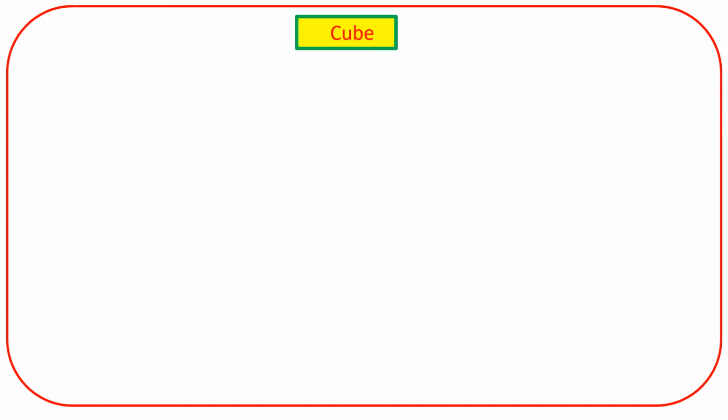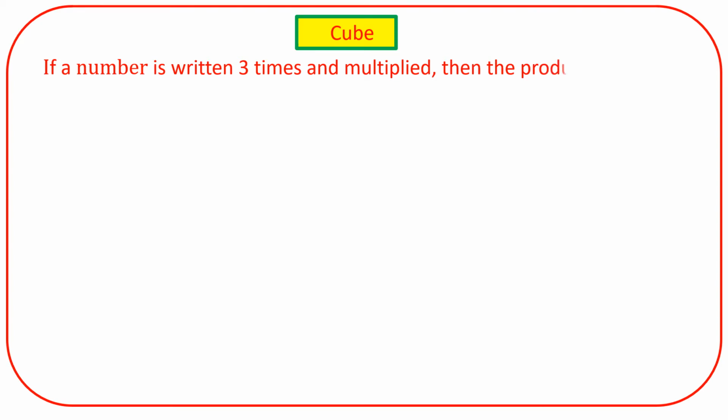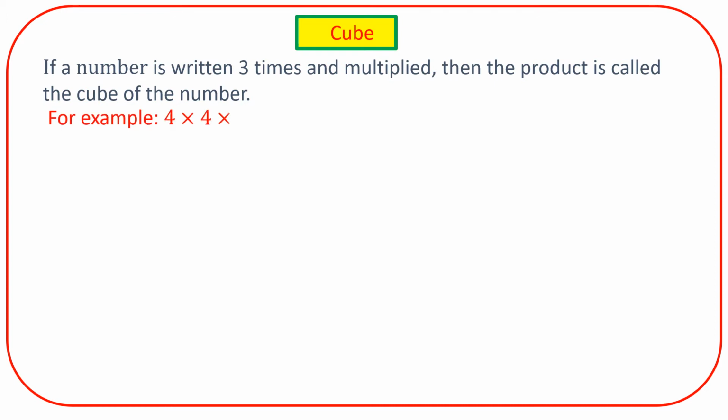Cube. If a number is written 3 times and multiplied, then the product is called the cube of the number. For example, 4 into 4 into 4 is equal to 4 cube is equal to 64.